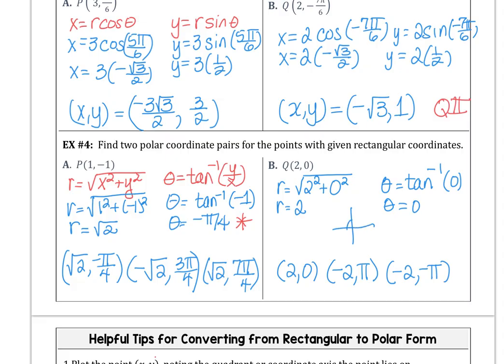If our circular grid has 2, 0 here, start at negative 2 and go counterclockwise to pi, or start at negative 2 and go clockwise to negative pi. They all 3 put us in the same location as our point 2, 0.